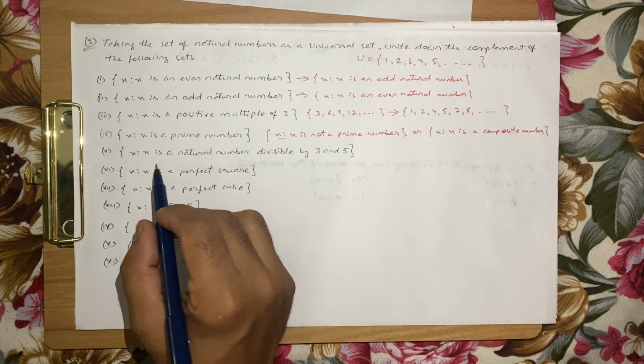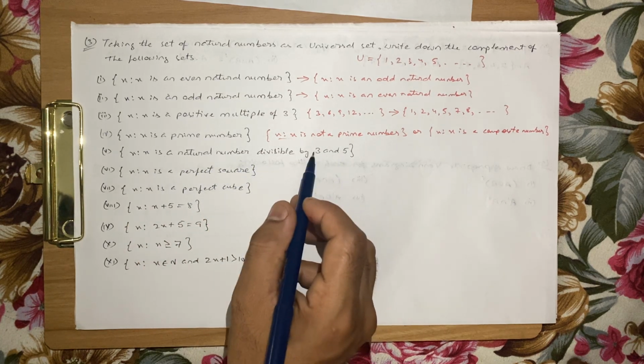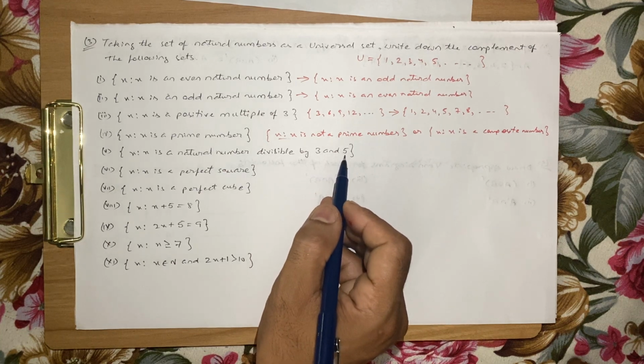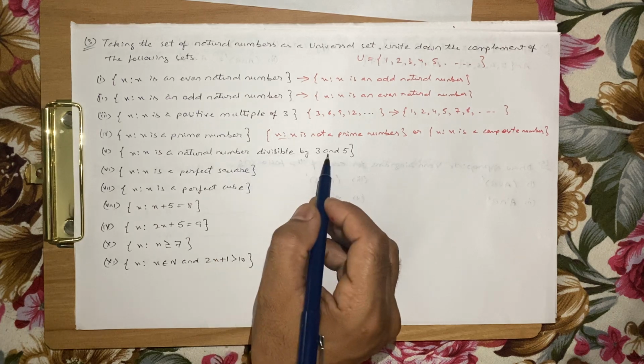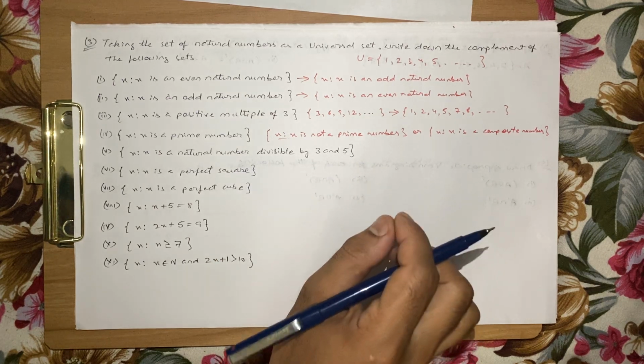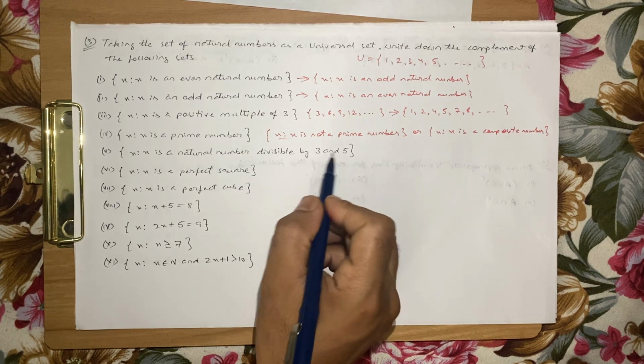Now the next one is x such that x is a natural number divisible by 3 as well as by 5. So this set is a collection of such numbers. Each of the numbers is divisible by 3 as well as by 5. So the LCM of 3 and 5 is what?